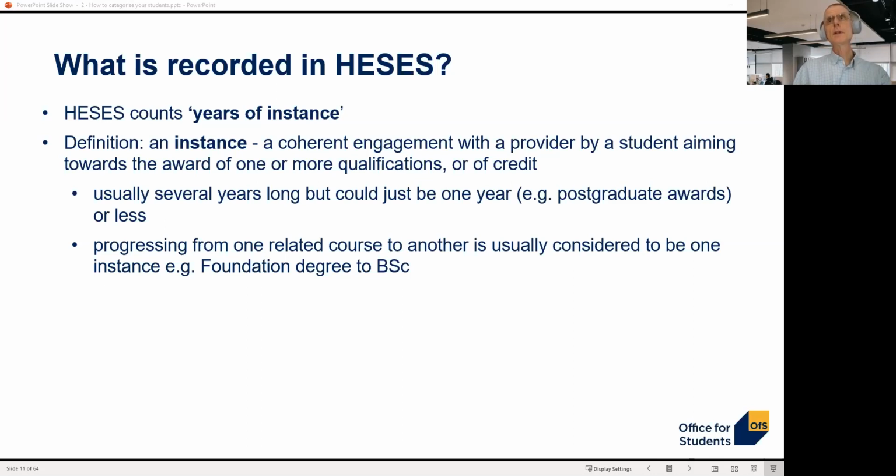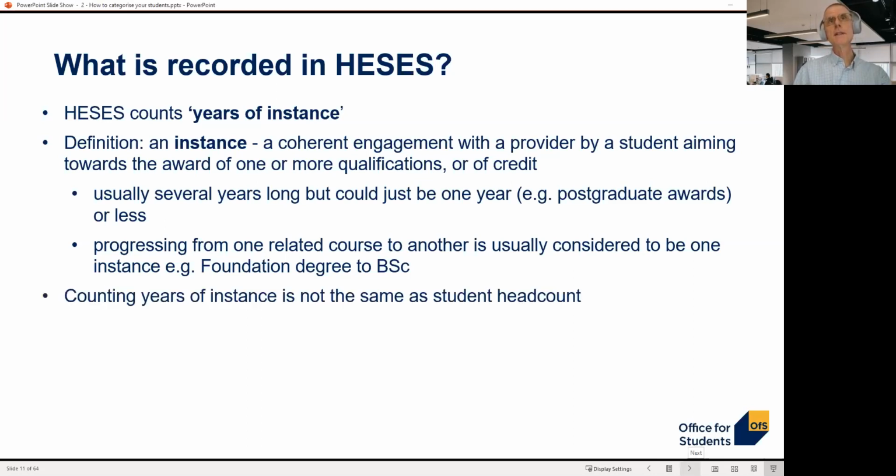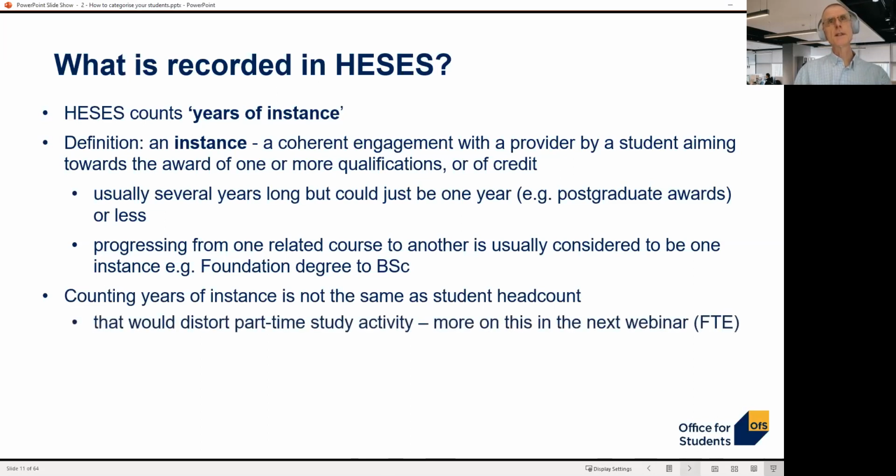An important point to talk about here is that counting years of instance is not the same as counting student headcount. This is going to become more apparent as we go through, but the danger here is that you might distort part-time study activity. So we'll look into this a bit more in the next webinar when we consider something called FTE, full-time equivalents.